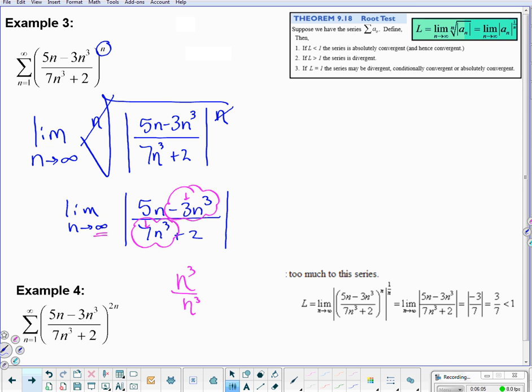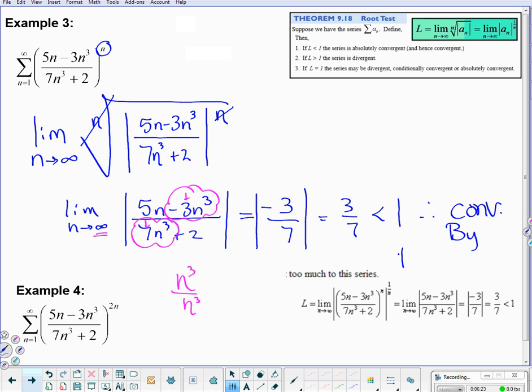So indeed, this limit is going to be negative 3/7, but don't forget we have absolute values on this, and that will equal 3/7. And the comparison then says, well, 3/7 is less than 1, and we are therefore convergent by the good old root test.